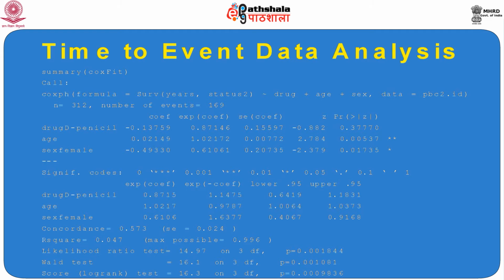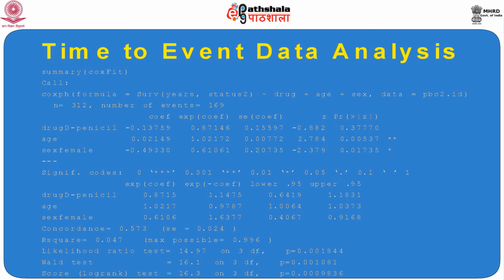In the case of age, the p value is significant, and the exponential of the coefficient comes as 1.02. As we have mentioned earlier, the exponential of the coefficient should be considered as the odds ratio. So again, those with higher age groups are found with more death in comparison to others.